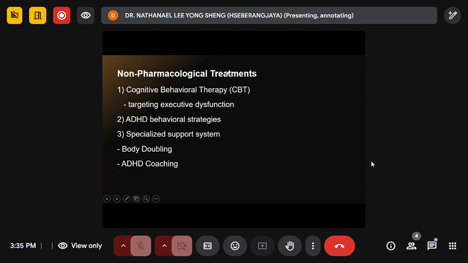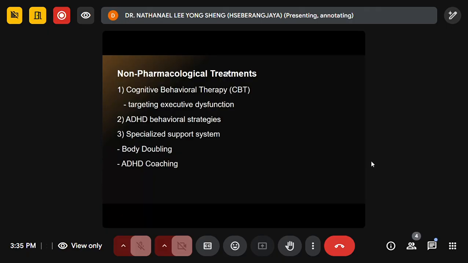As we know, CBT is indicated for a wide range of psychological conditions, and it is evidence-based for people with ADHD as well. The CBT that we are talking about targets their executive dysfunctions. The second method that we can use is ADHD behavioral strategies.